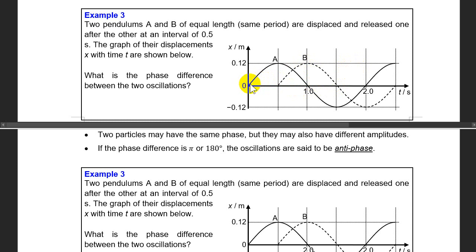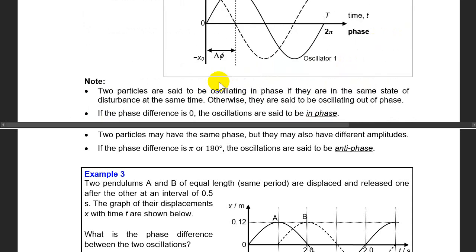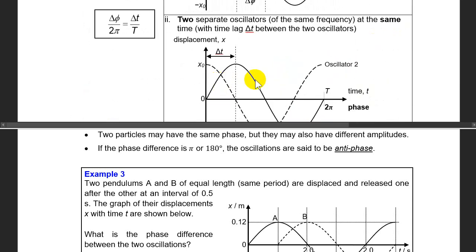The phase thing is such that one whole cycle, like A here, 2.0 seconds, corresponds to a phase of 2 pi. So since they differ by 0.5 seconds, 0.5 seconds will correspond to how many radians? You can refer to this formula from earlier on. One way to check the phase difference is just to compare their peaks.